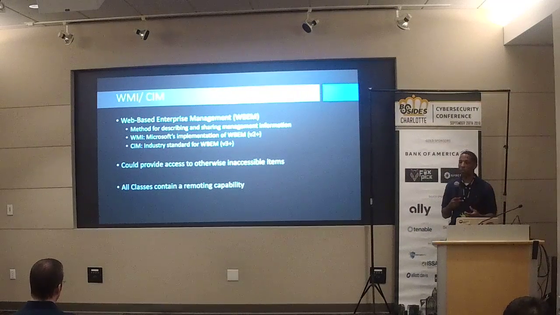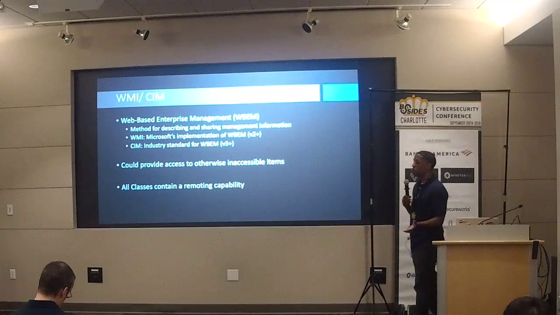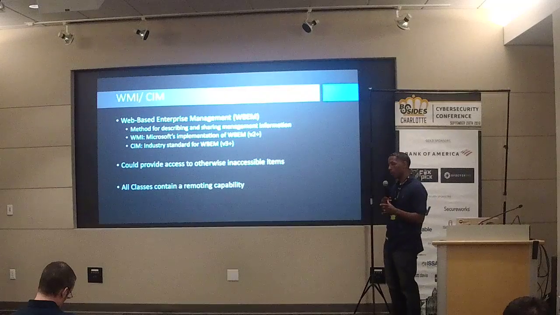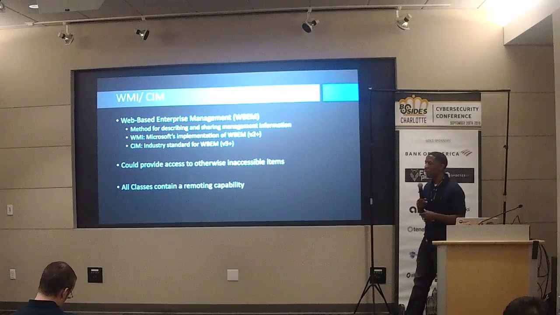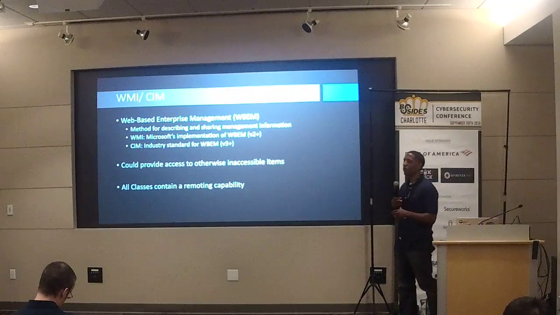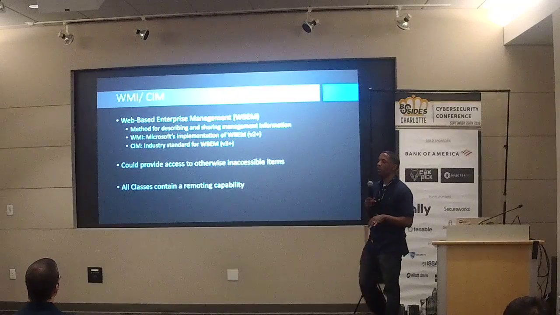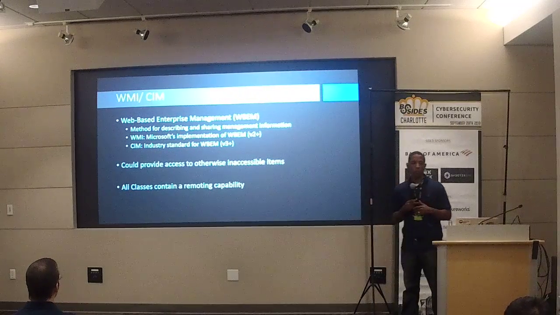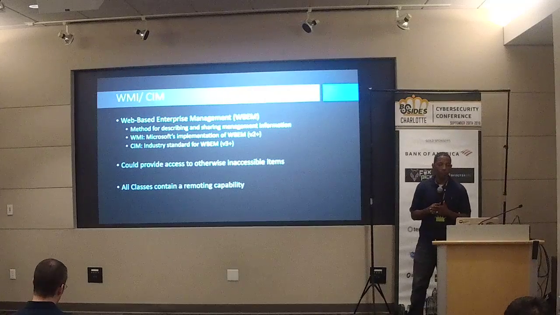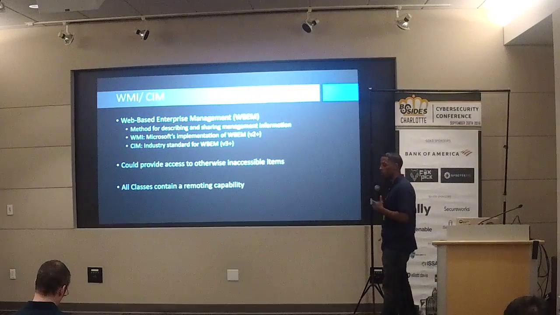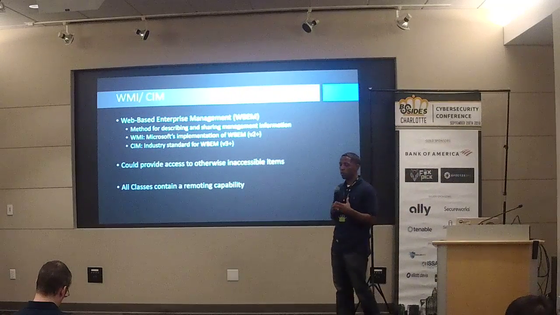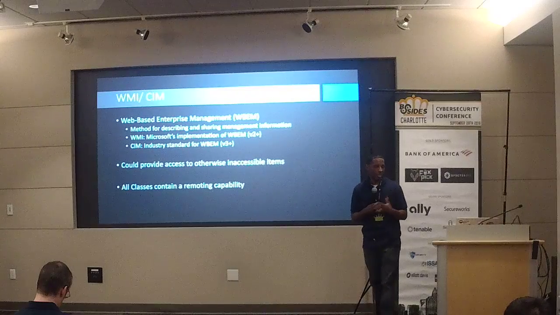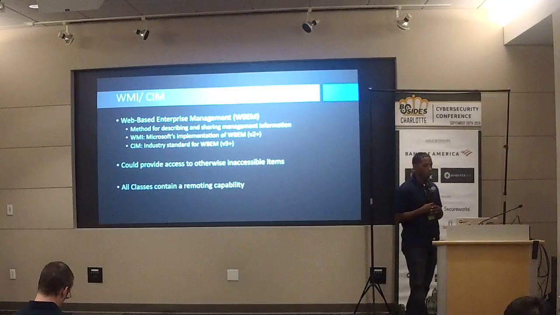So Microsoft's implementation of that is WMI. WMI has been around for a long time, roughly the 1990s, and it was made available within PowerShell up until version 2. With version 3, Microsoft has done away with that, and they've come out with the Common Information Model. So when we start talking about a modern version of Windows and PowerShell, that's the method they are going forth with.